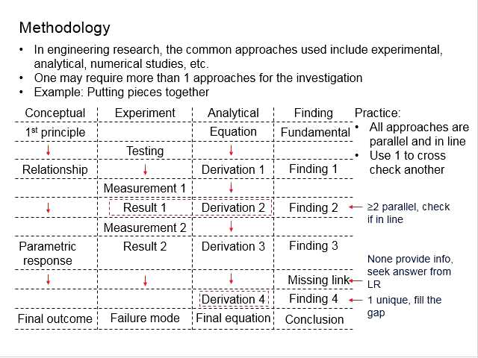It will be quite difficult for you to justify or prove your experiment is correct by using the experiment alone. It is also difficult for you to justify that your analytical model or your numerical study is accurate by using themselves to prove themselves.